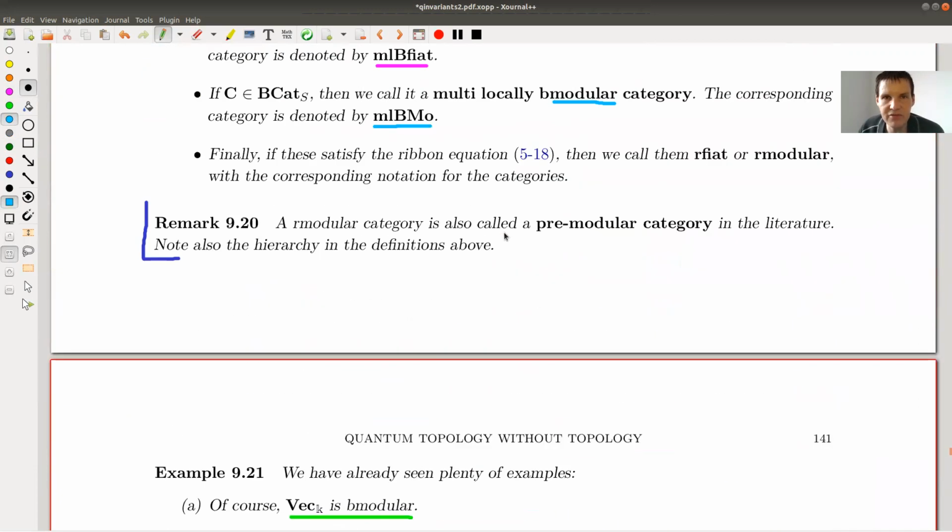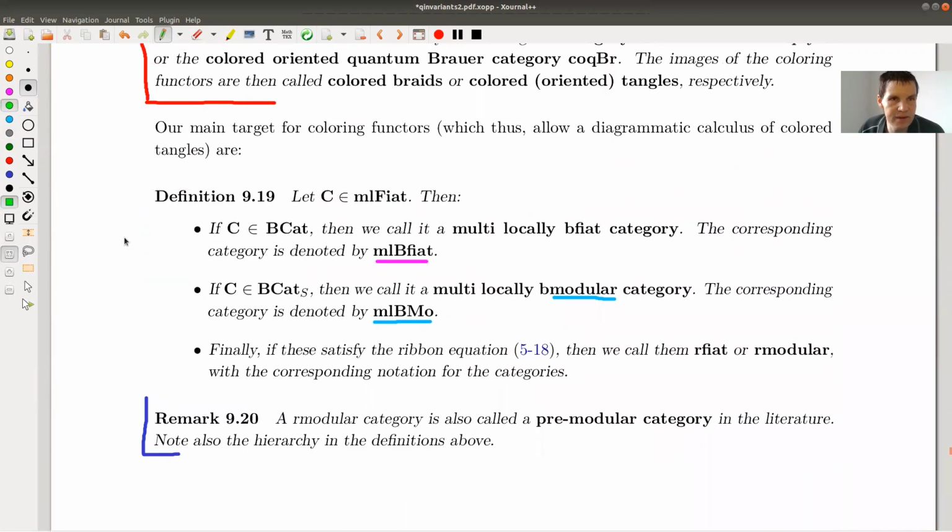So the distinction here is the distinction between non-semi-simple and semi-simple. I have everything else in place: I have pivotal, I have braided now, I have finitely many, I have additive and everything. The difference is that one of them is semi-simple and one of them is not.